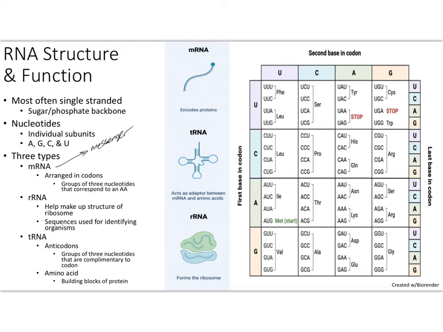Messenger RNA is single-stranded, and it has nucleotides on a sugar phosphate backbone that are arranged in groups of 3. These groups of 3 nucleotides are called codons. Each codon corresponds to a specific amino acid that can be used to create a protein. rRNA is ribosomal RNA.